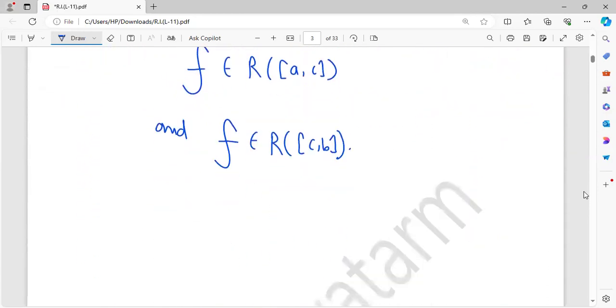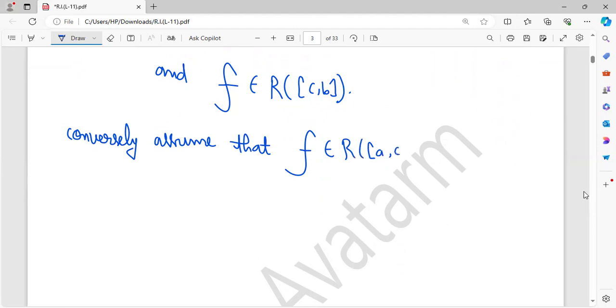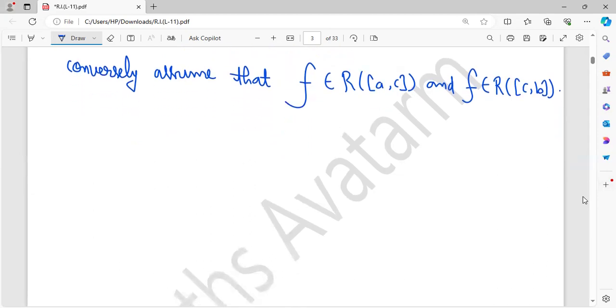Now, conversely, assume that f belongs to R[a, c] and f belongs to R[c, b].